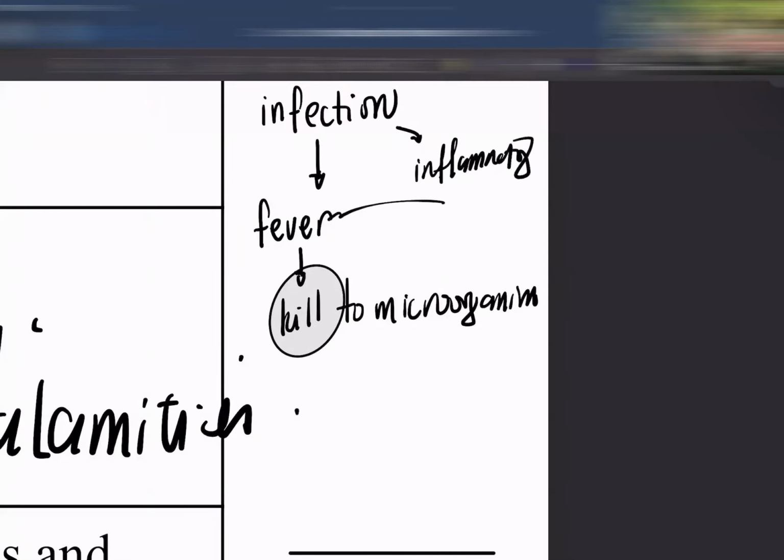And because of that inflammatory response, nagkaka-fever po tayo. Sabay po dyan yung inflammatory response, nandyan si WBC, nandyan pa si cytokines, nandyan pa yung mga immunoglobulins, kung sino man dyang part ng immune system mo. Their goal class is to kill the microorganism.